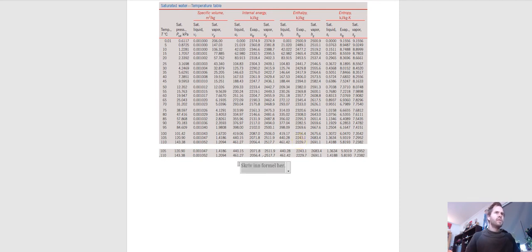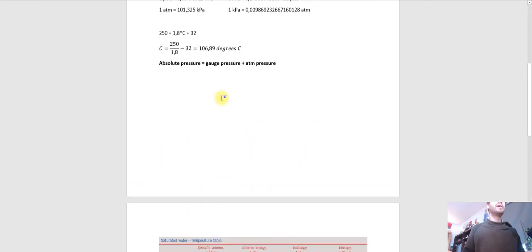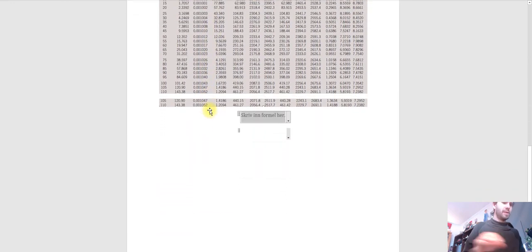Do I need to make the formula, or can you just see the formula as I write the numbers? What did I say? 106.8.